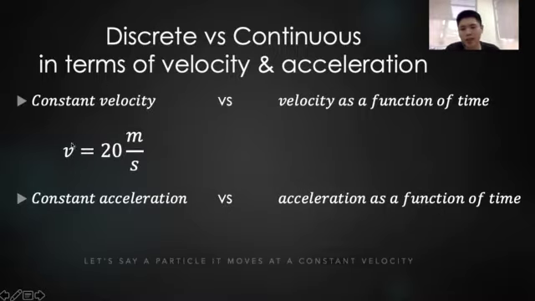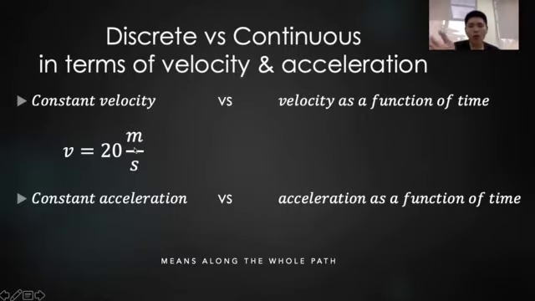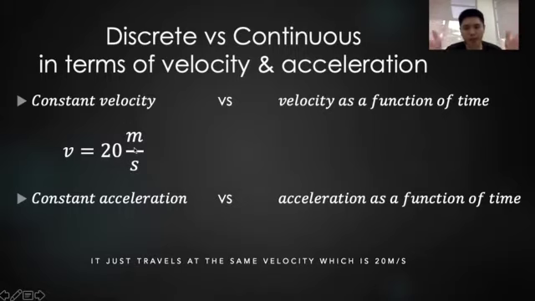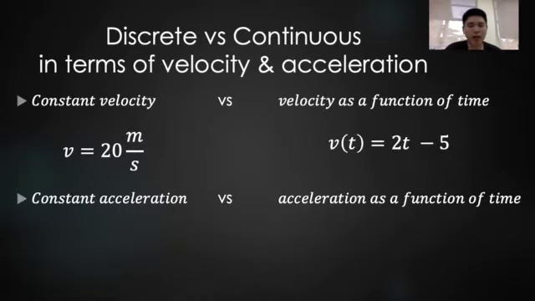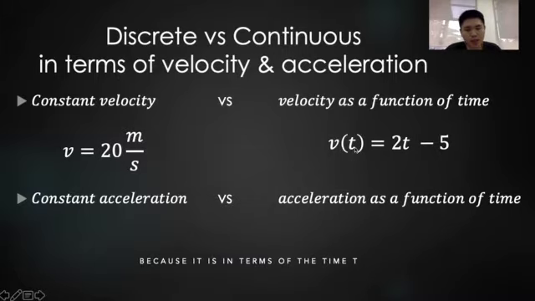Constant velocity, let's say a particle moves at a constant velocity, which means along the whole path it travels at the same velocity, which is 20 meters per second. If the particle moves as a function of time, that's why we write v(t), because it's in terms of the time t. So that's why we have the function expression in terms of t as well.